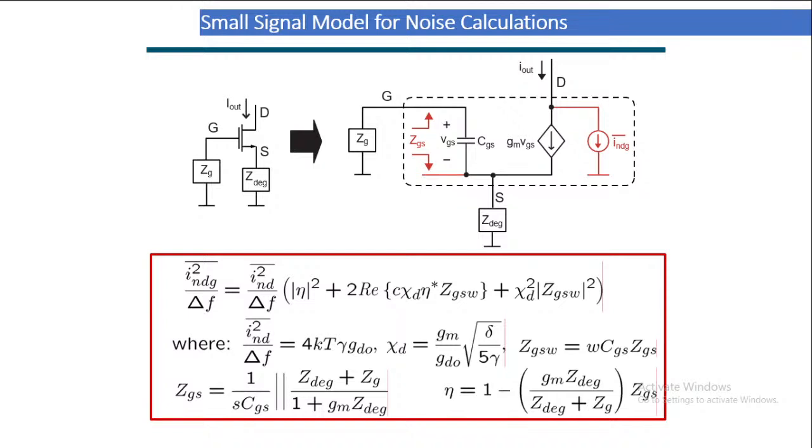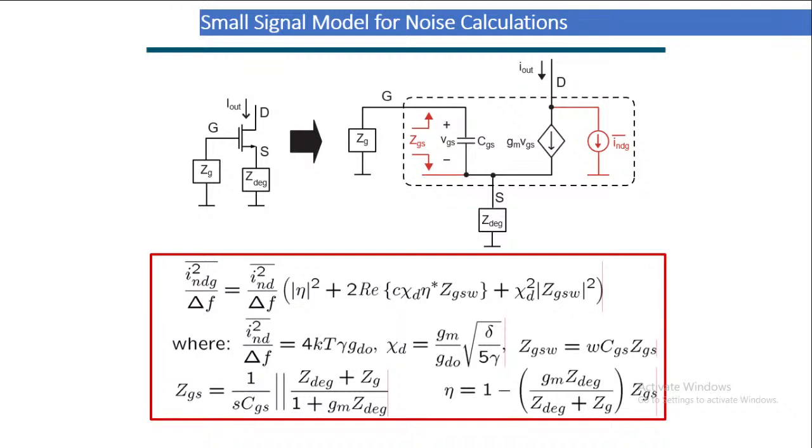If you look at the right hand side figure, the portion within the dashed box models the device. The device is a voltage controlled current device, so the current is GM into VGS.